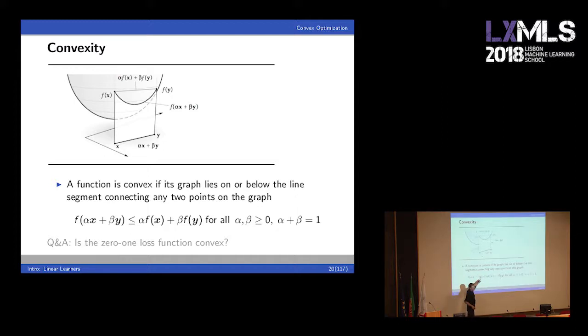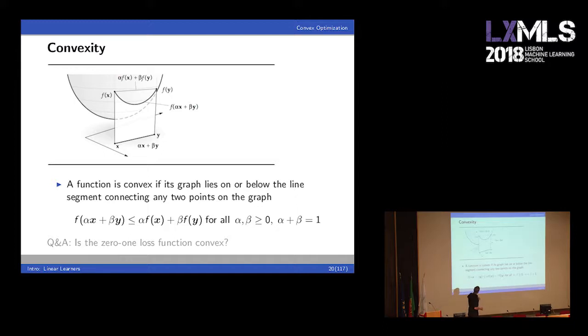The x's and y's here are not the same x's and y's that we used before. I'm just using the same notation because I stole this image from a textbook and I can't fiddle around with the PDF. So you have to think about the x and y as our weight vectors, w and w prime. It's just a general definition for functions.